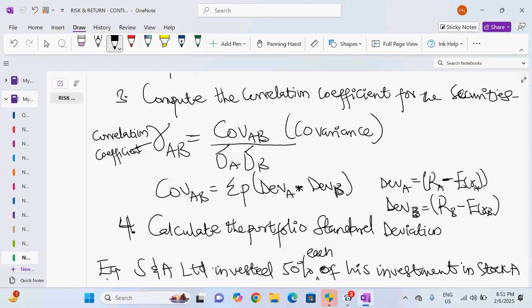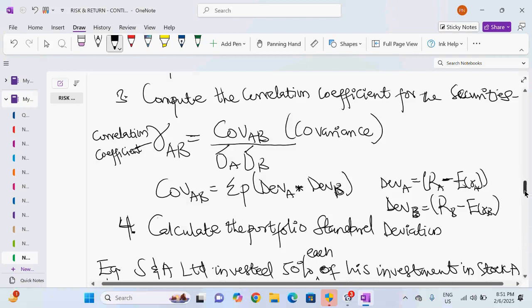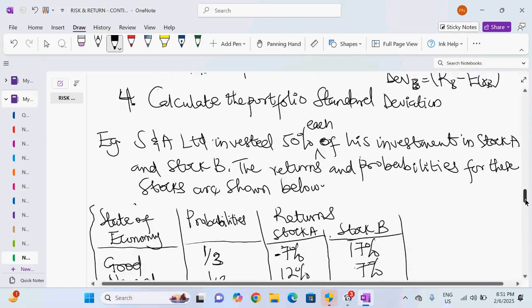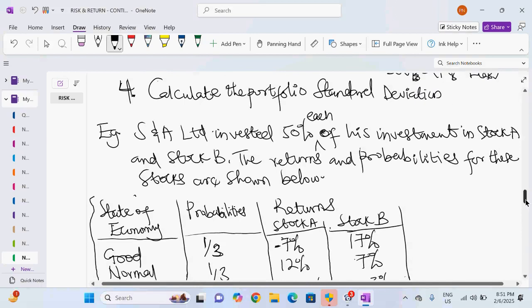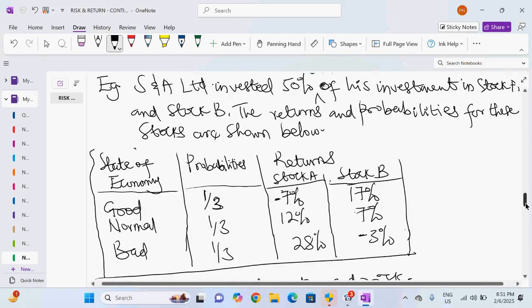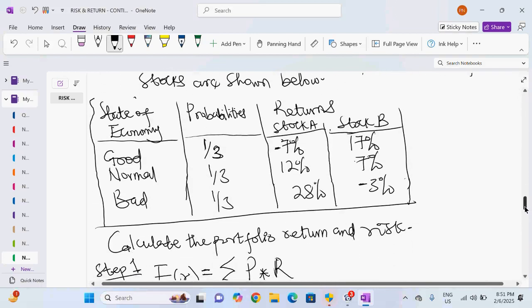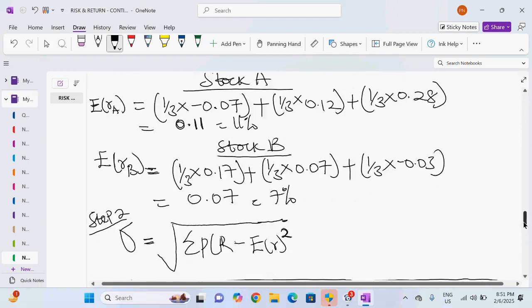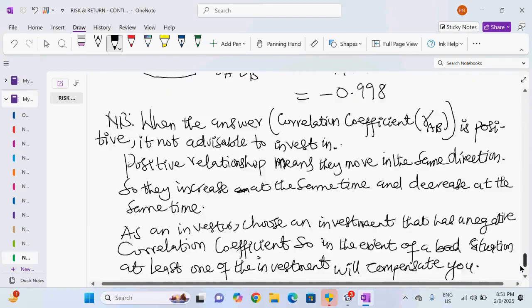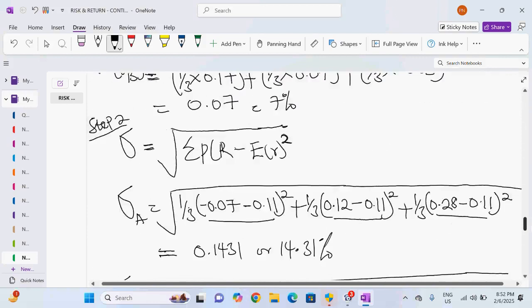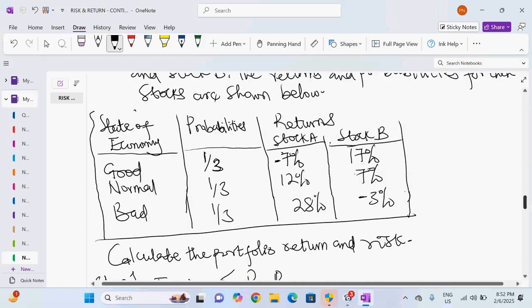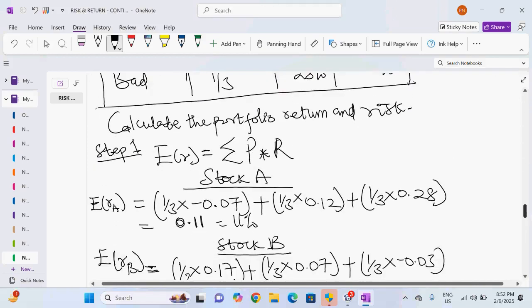So now the last one is what? Calculate the portfolio standard deviation, right? Even that is what the question wants. What is the requirement of the question? Calculate the portfolio risk and return.